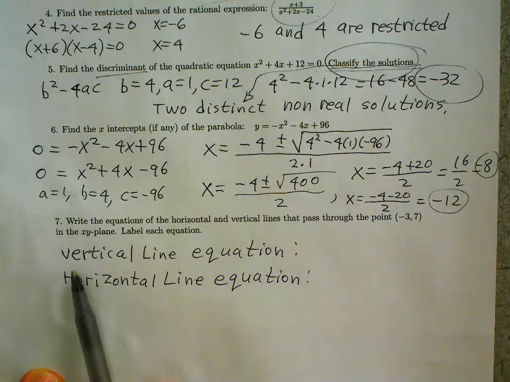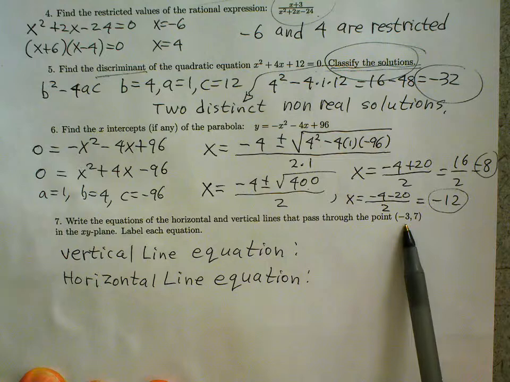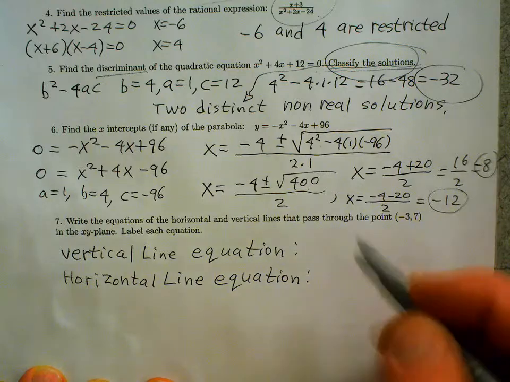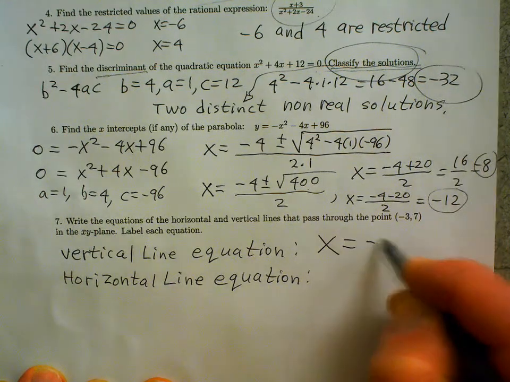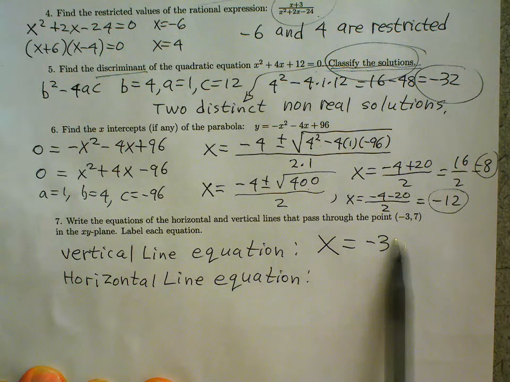Okay, what's the equation for the vertical line that passes through the point -3, 7? Yeah, it has to be an equation. X equals -3. Yeah, so if you just say the number, that's not enough.